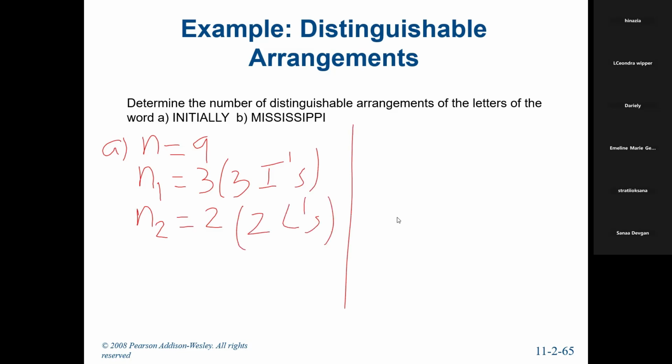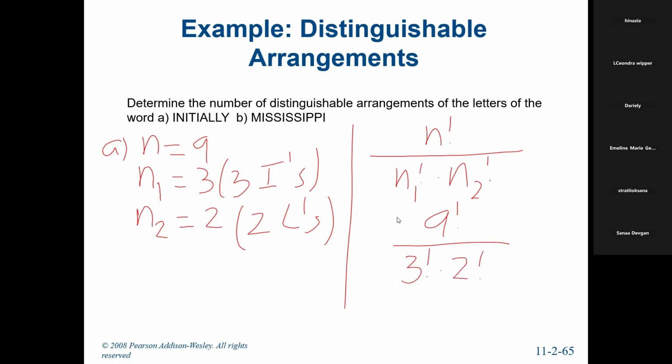So here that will give you n factorial over n1 factorial times n2 factorial. That's 9 factorial over 3 factorial times 2 factorial. And then you do this calculation here.